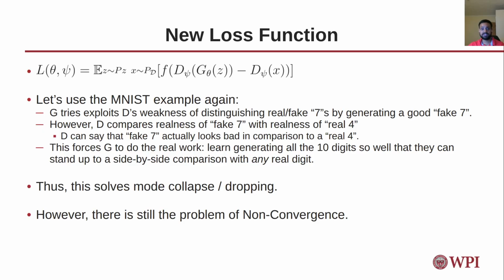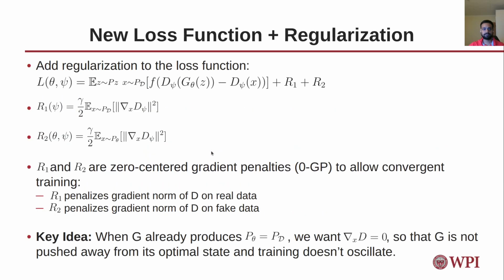However, there is still the problem of non-convergence. So we add regularization to the loss function, where R1 and R2 are basically zero-centered gradient penalties to allow convergent training. R1 penalizes the gradient norm of D on real data and R2 does that on fake data.